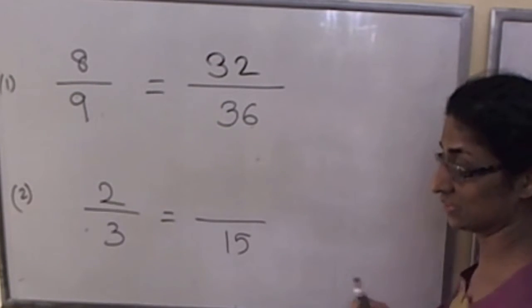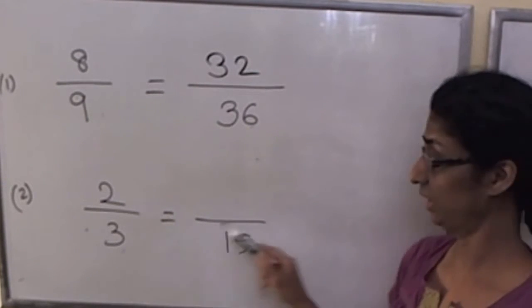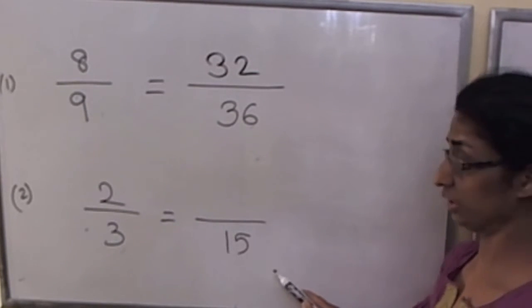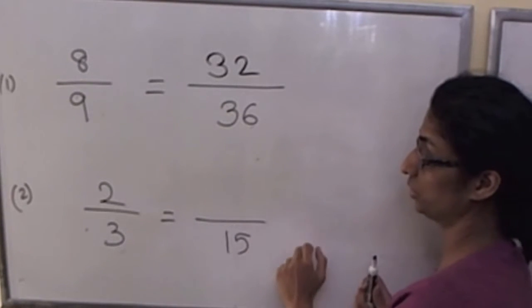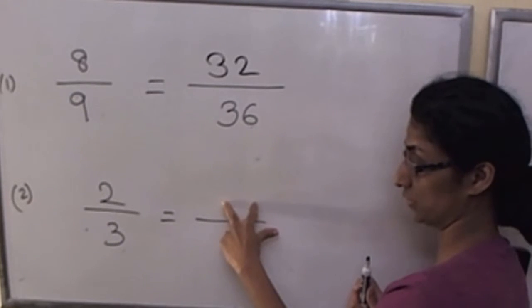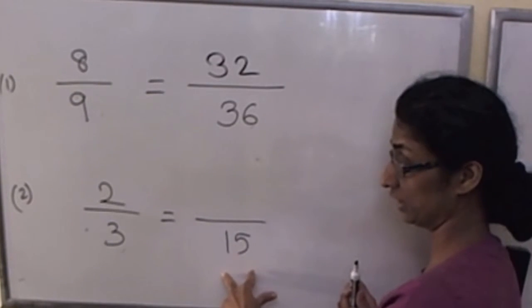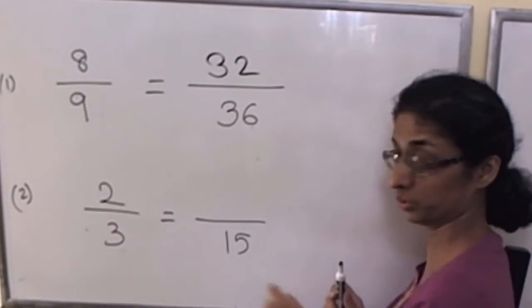So let's look at this example. 2 over 3. I'd like to write it as a different fraction. What kind of a fraction? Where I have 15 in the denominator. And now I want you to guess, what should I put here so that this new number that you tell me over 15 is really equivalent to or equal to 2 over 3.